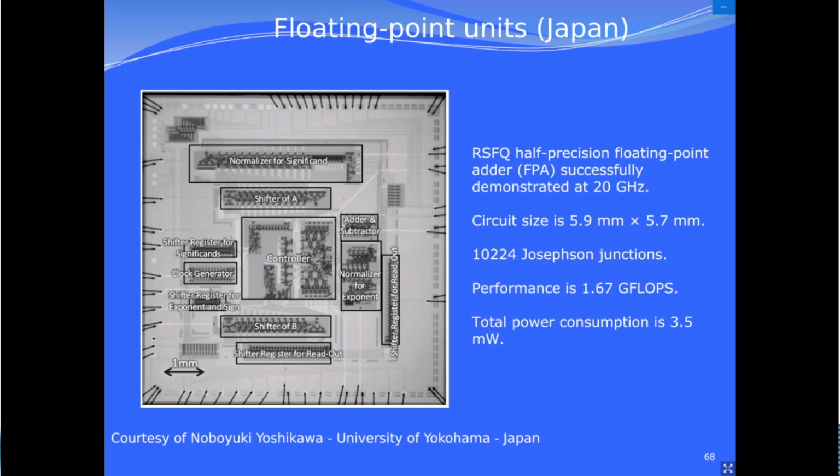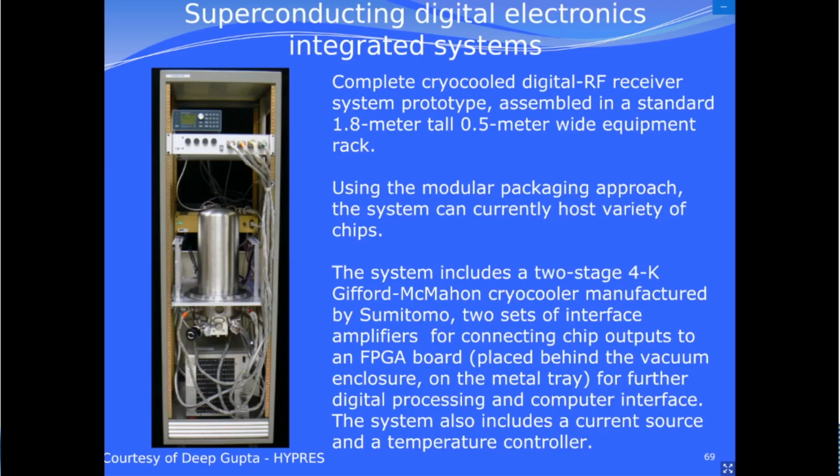Some floating point units made in Japan, where you can see different parts of these circuits. And this is even an integrated system, more than 10 years old already. You have the compressor to cool the cooler at 4 Kelvin, inside you have the chip, probably about here, and you have the electronics to control it. Very simple room temperature electronics. Everything is at 4K, in fact.